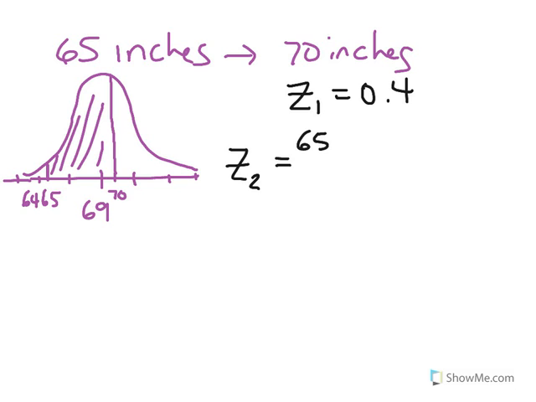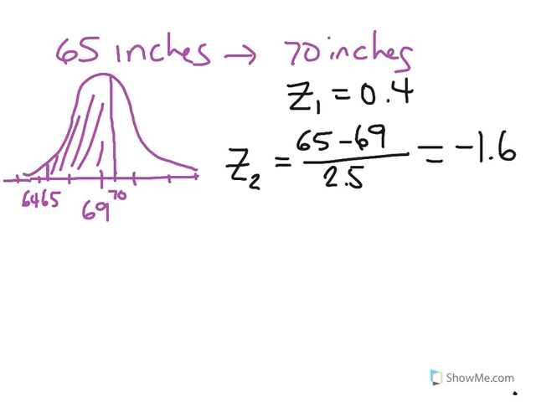That one's going to be found by taking 65 minus 69 divided by 2.5. And that's going to be negative 4 divided by 2.5, which is negative 1.6. Why is it negative? Well, remember, in this case, that's because 65 inches is below the average. In this case, about 1.5 standard deviations below.